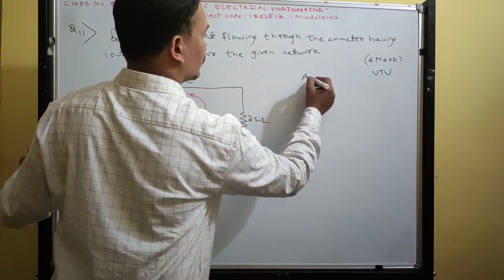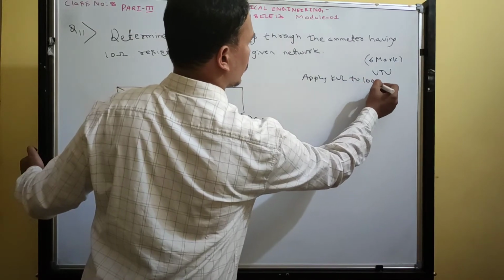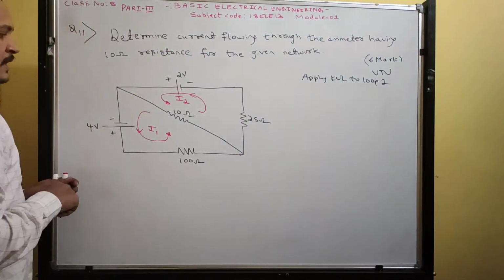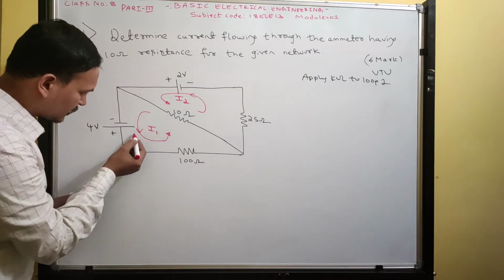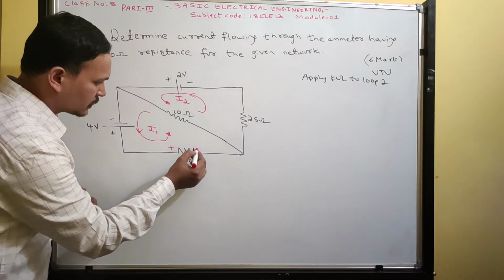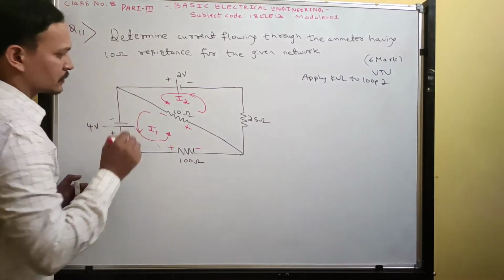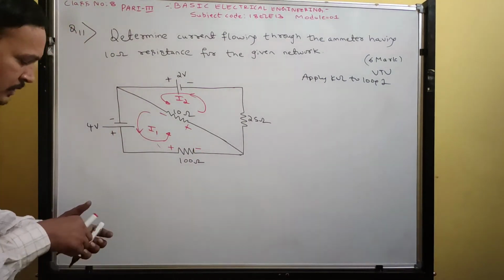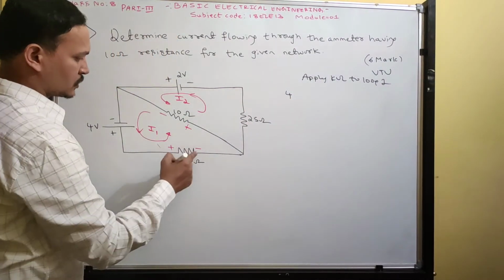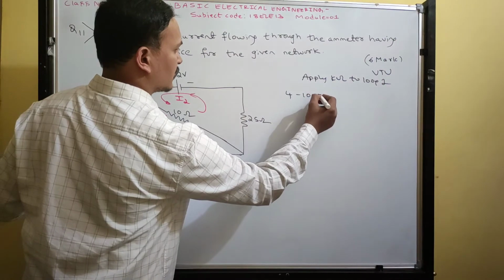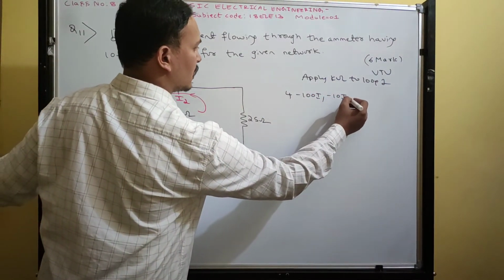Now apply KVL to loop 1. First mark the polarities. See, this current is entering the resistance, mark plus, leaves negative. The same current is entering here, mark plus, leaves negative. The EMF source polarity is fixed. Now start from here. Minus to plus is a rise, plus 4. Plus to minus is a drop, minus 100 I1. Plus to minus is a drop, minus 10 I1.